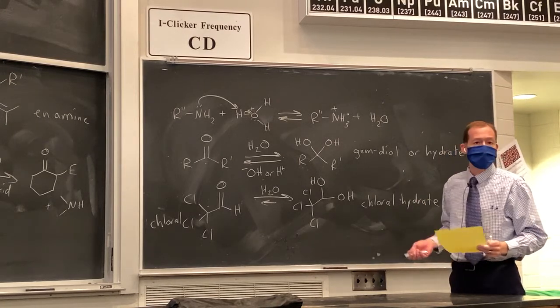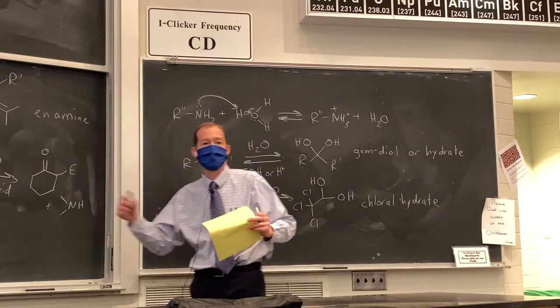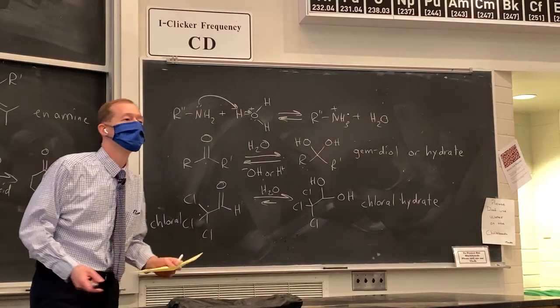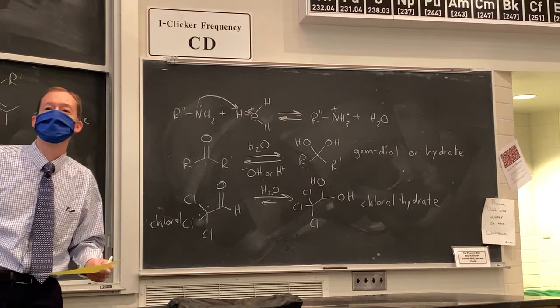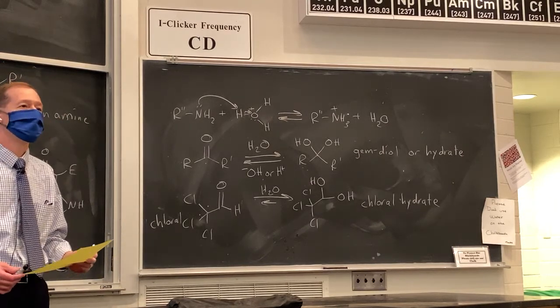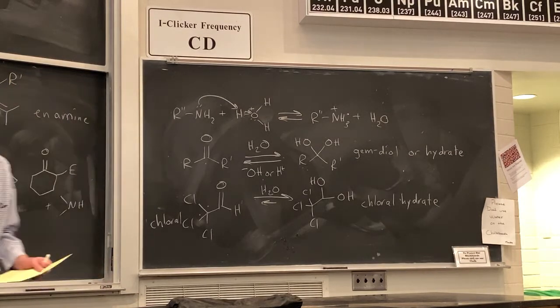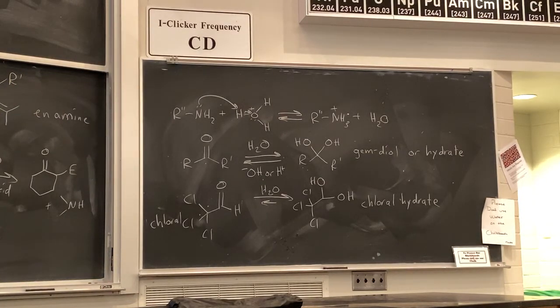So why would the hydrate of chloral be favored more strongly than the hydrate of acetaldehyde? Why the hydrate more favored over the aldehyde than what we have here with this ratio?